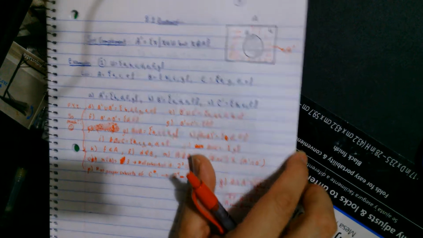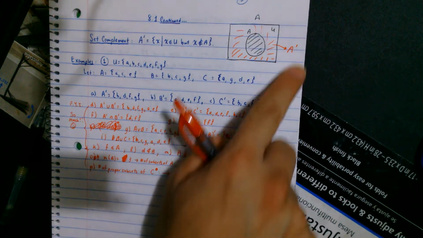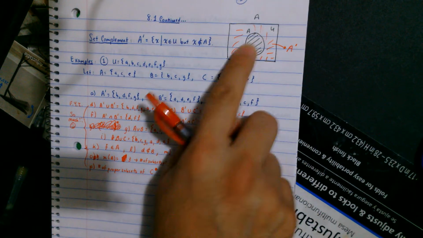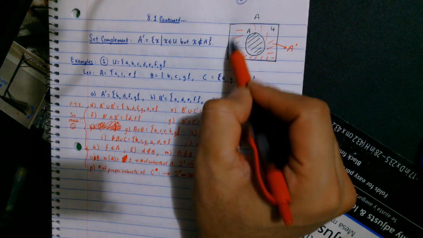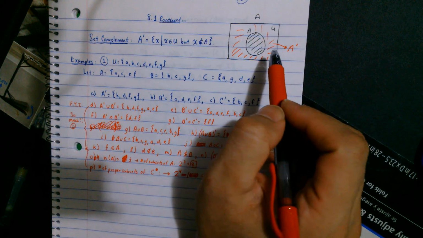So a complement essentially is what's in the box, but not in the circle. So the circle is A. Outside the circle, inside the box, that's a complement.